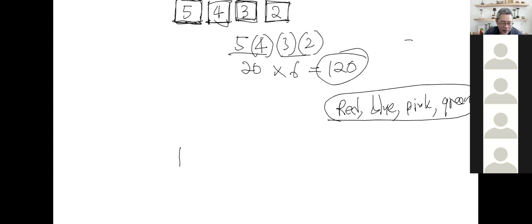Okay, so you got first place here, second place here, third place here. And now how many different arrangements can you have? For example, you could have red, blue, pink, or red, pink, green, or blue, pink, etc.